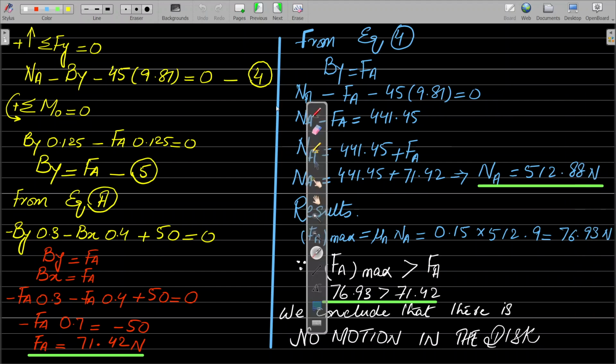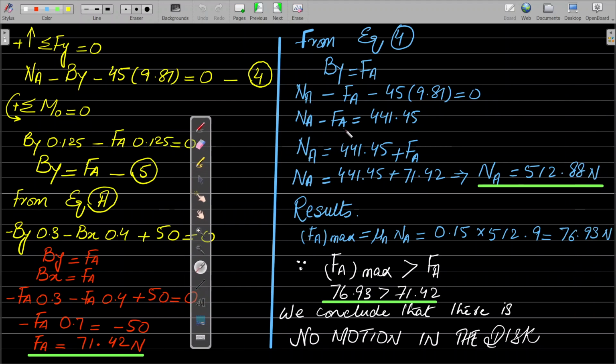Now we also know that 45 into 9.81 is 441.45 Newton. This minus Fa, if taken on the other side, Na is equals to 441.45 plus Fa. But what is Fa? We have just calculated Fa as 71.42 Newton. So when we put the value over here, we get Na equals to 512.88 Newton. So we have calculated our Fa and we have calculated our Na.